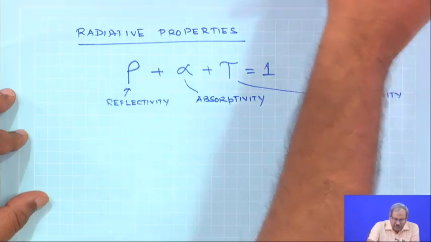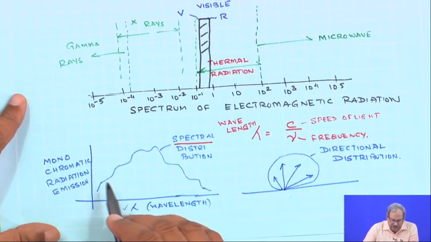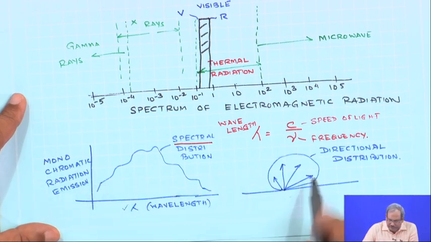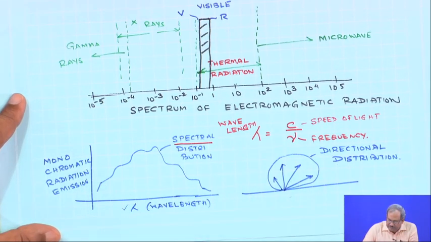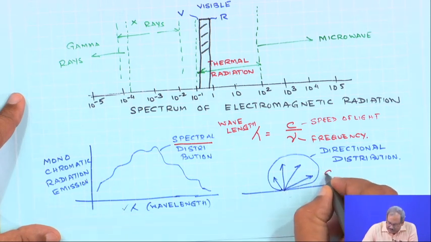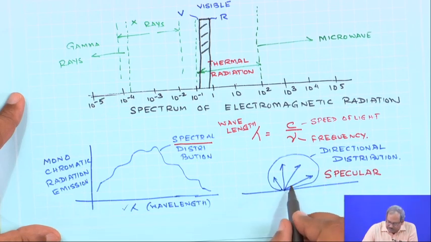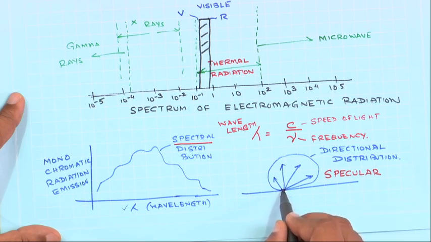Now, if I go back one slide and show you this one, here this is the kind of surface where the emission depends on the direction; they are known as specular. So, specular is a surface where there is a directional dependence of radiation from a surface.